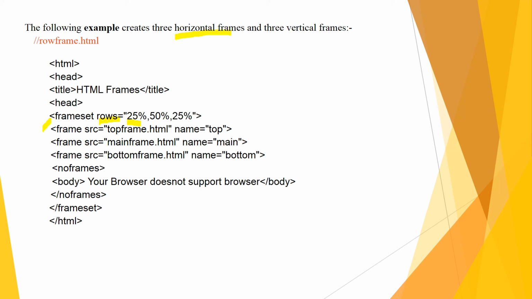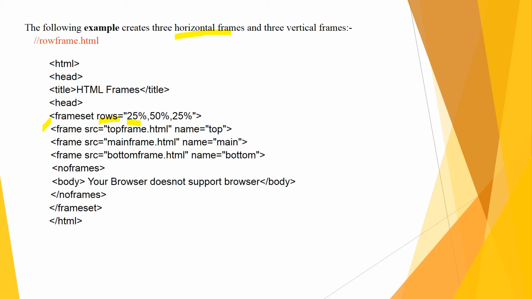If your web browser doesn't support these frame tags, then this will display. The noframes tag is used to display content if your web browser doesn't support the frame tags. Now how will this HTML document display in the browser?